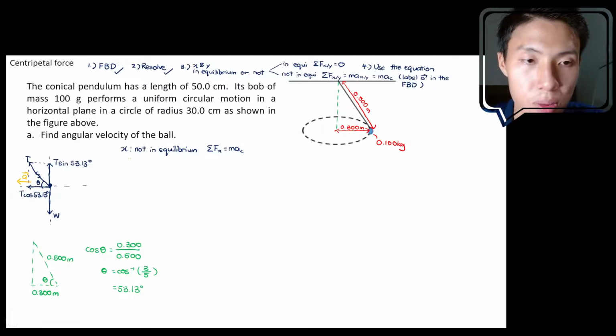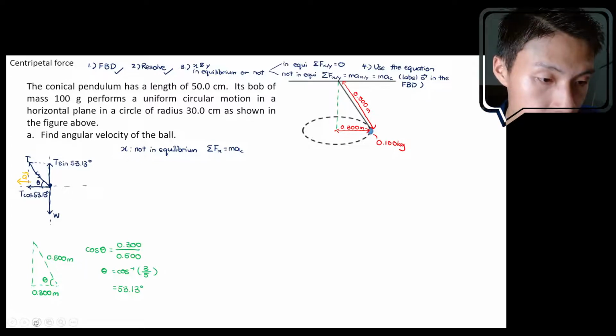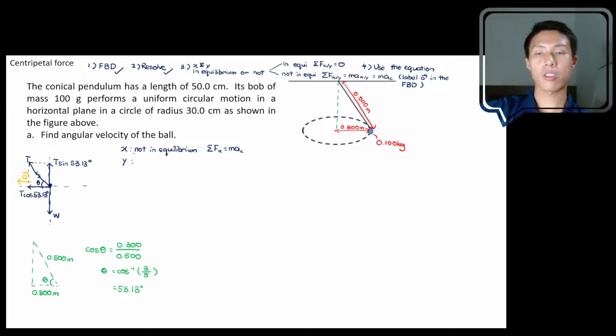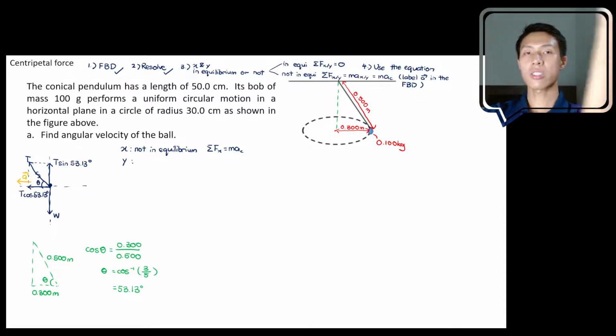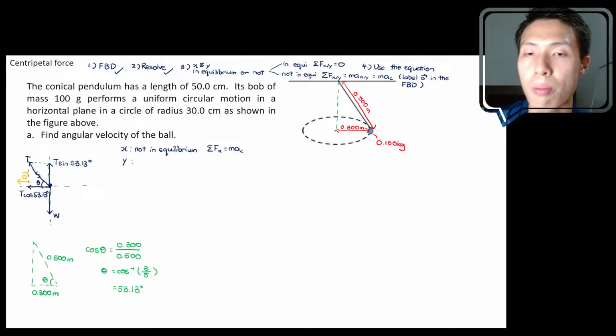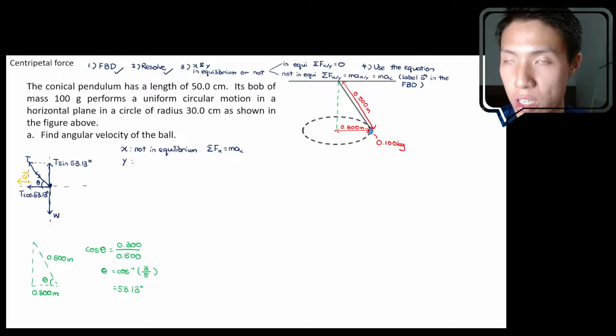Let's move on to the y dimension. Even though the pendulum bob is swinging in a horizontal plane, you can see that this horizontal plane is not moving upwards. It is not moving downwards either. So there's no up movement and no down movement for the pendulum bob during the whole uniform circular motion.